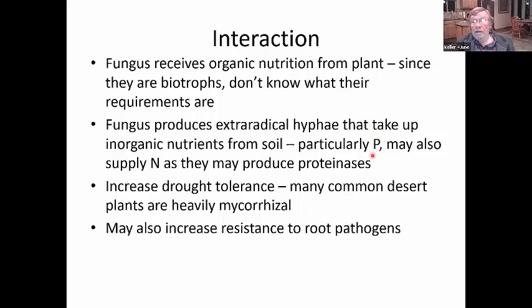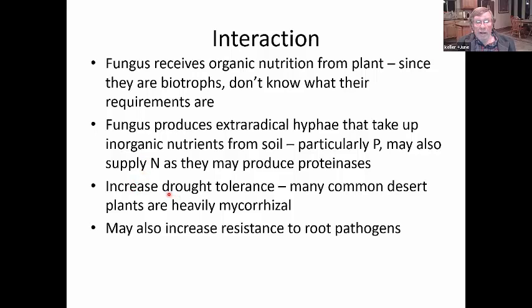And why is that? Because phosphorus or phosphate is not soluble, and it's going to be localized in the soil. They can also supply nitrogen, and they've been shown in pot culture to produce some proteinases that degrade protein and release the nitrogen.